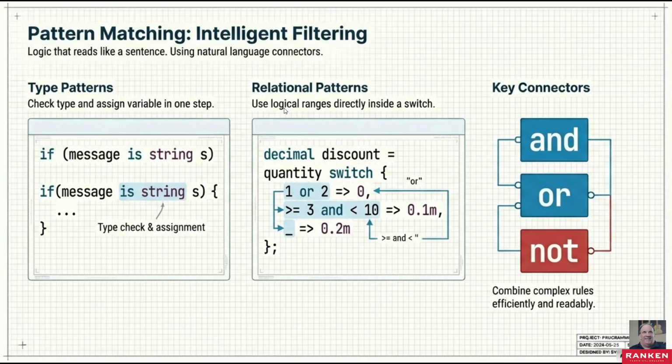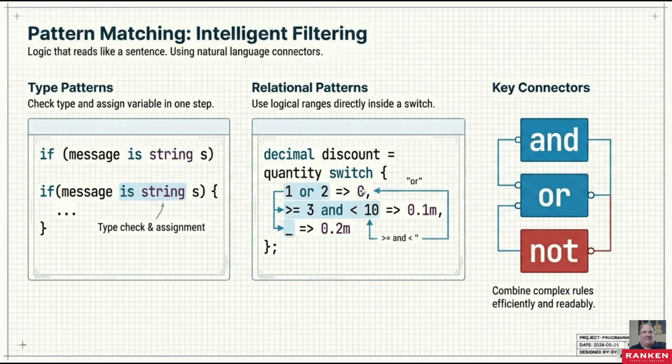Relational patterns use logical ranges directly inside of a switch. So instead of having case one, case two, sometimes you might have multiple. If the quantity is one or two, this may be your discount.